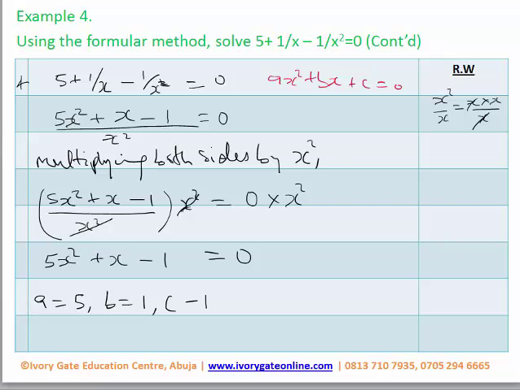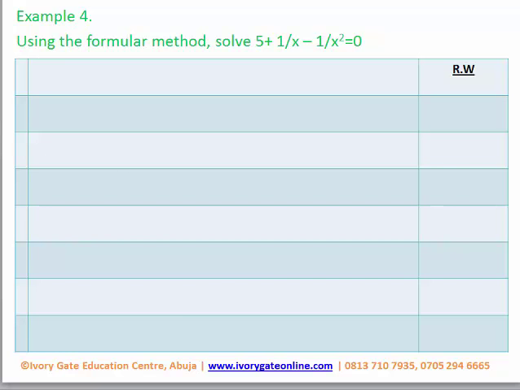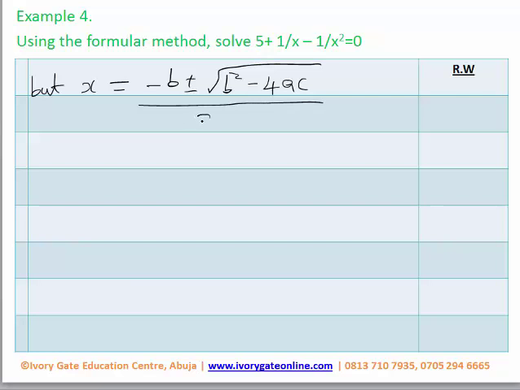Okay, so flipping over to the other side, we have, using the relation x is equal to minus b plus or minus square root of what? B squared minus 4ac all over what? 2a.